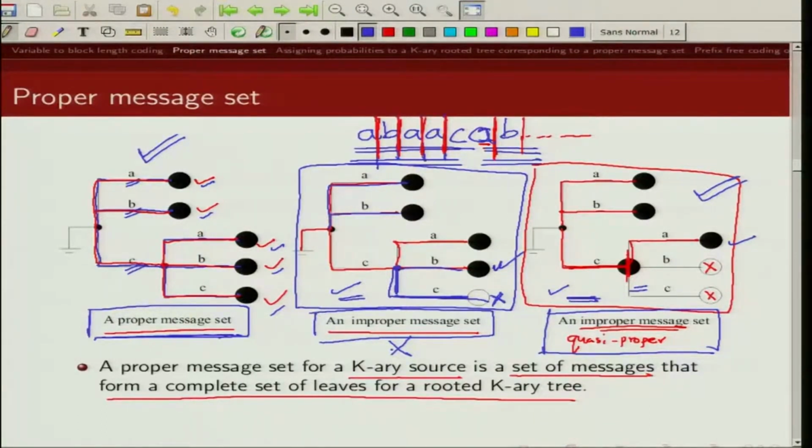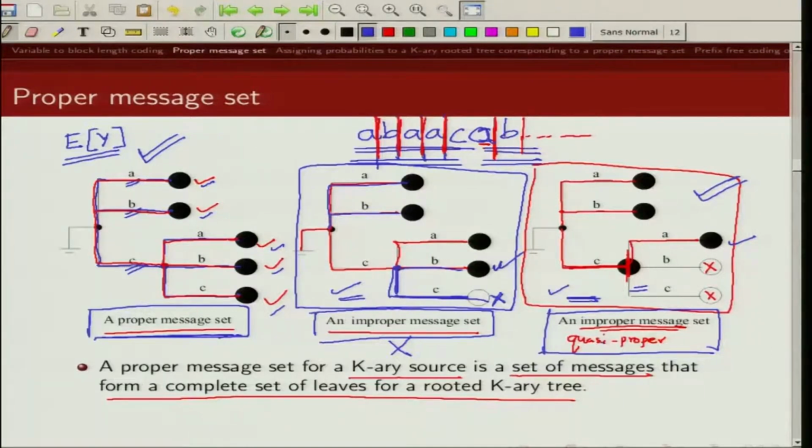Now, remember our objective is to maximize the expected value of the input code word length. We want to maximize the expected value of y. In the case of a proper message set, we know a method to find the optimal code which will maximize the expected value of y.